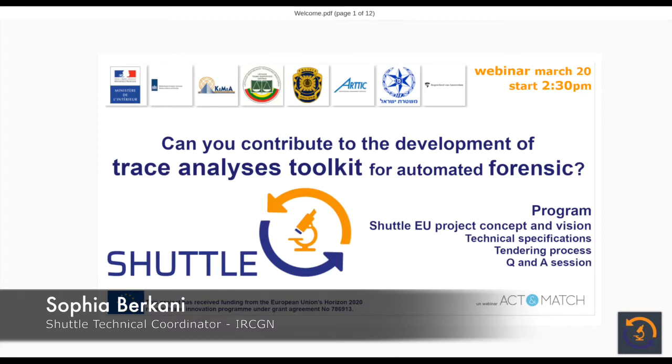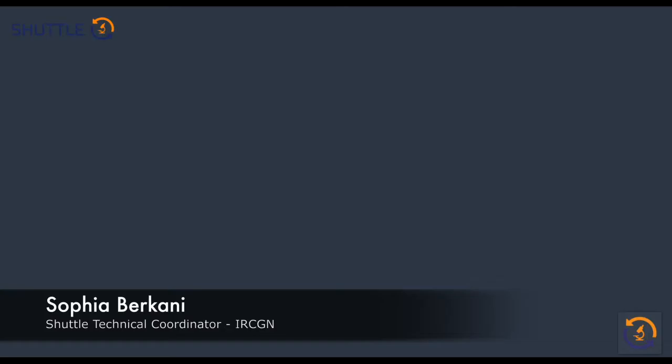I will just present our concept and our vision of the toolkit that we want. And to do so, I choose to present the concept through a fictional case.